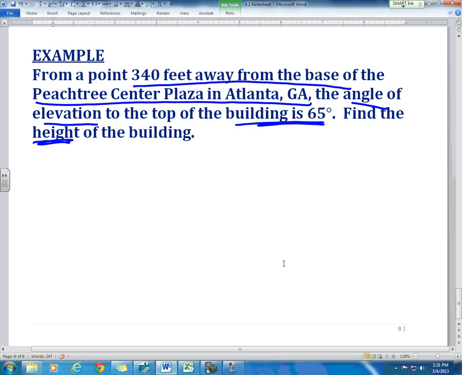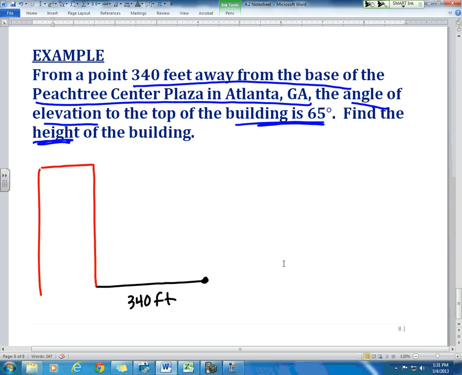So if I draw the Peachtree Center, here's the Peachtree Center, and I'm at a point 340 feet away from the base of it. So I'm standing at a point 340 feet away from the base of the building.